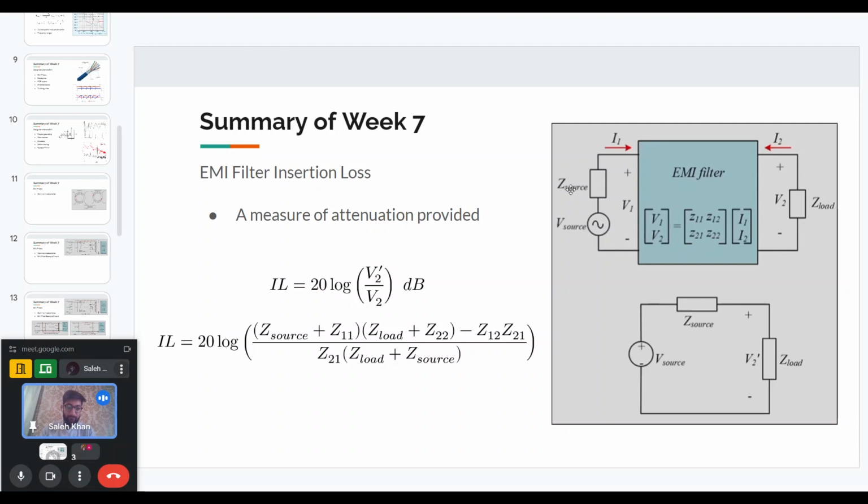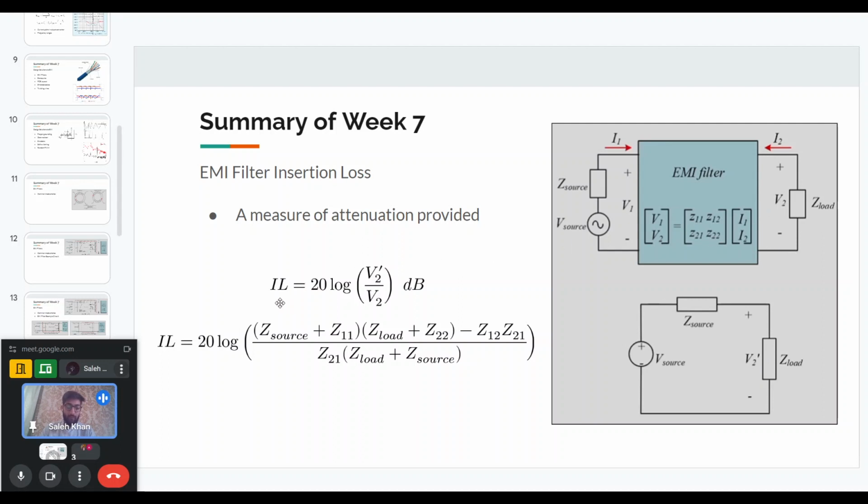Again, we have the same concept where we have a source of EMI and then the load, which will be the grid or some other power source. One circuit will be without any EMI filter, and another circuit will be made by inserting this EMI filter into the circuit. Then we have two voltages at the load. V2 dash is without the filter, and V2 is with the filter.